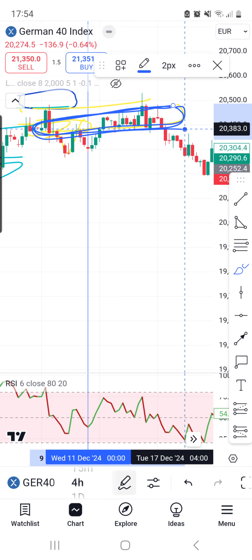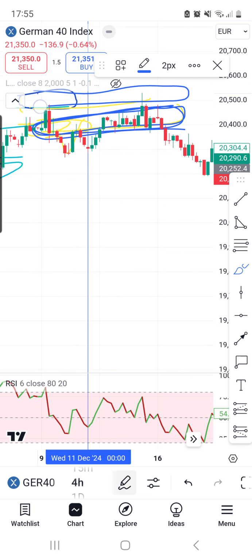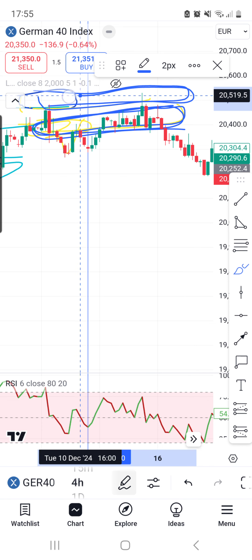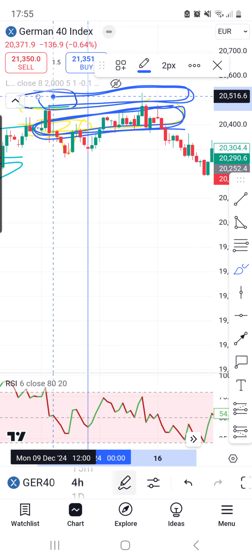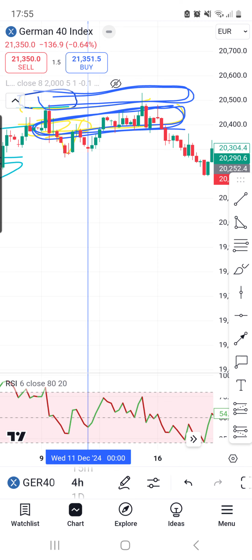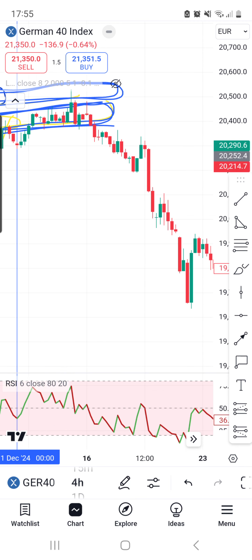And then even better for us, price came and retested our source area. As you can see, this is the source right here. Price came and tested our source area. Okay, all right. So then what happened?